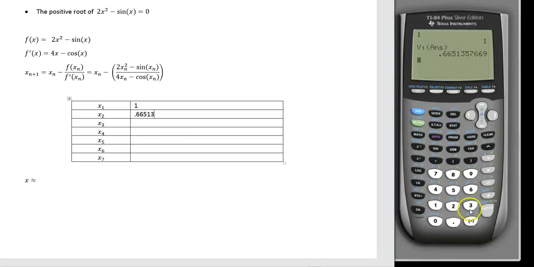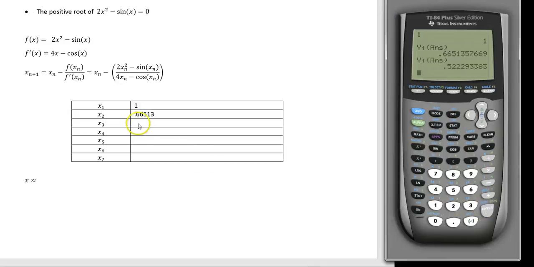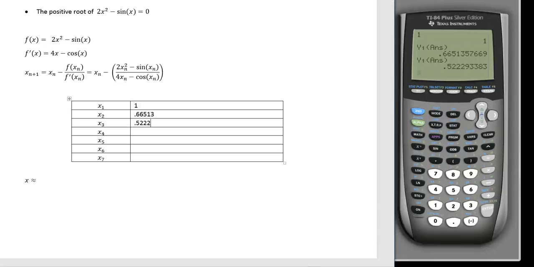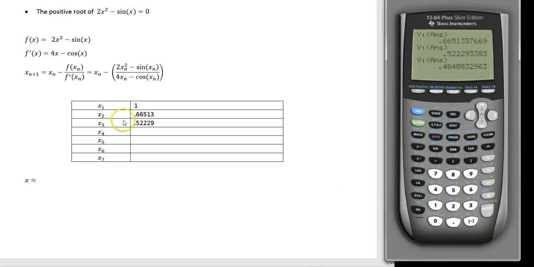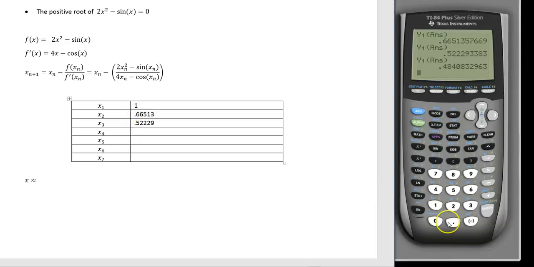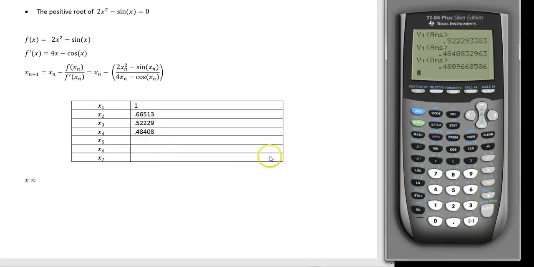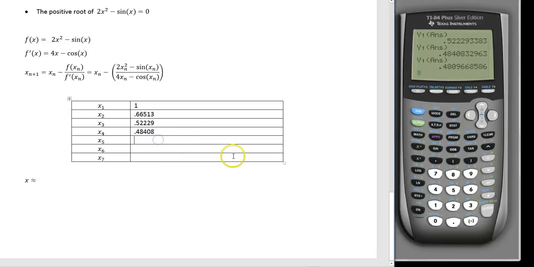0.66513. For x sub 3, we hit enter again, 0.52229. For x4, we hit enter again, 0.48408. For x5, we hit enter again. Okay, now we're getting some agreement here, 0.48096.